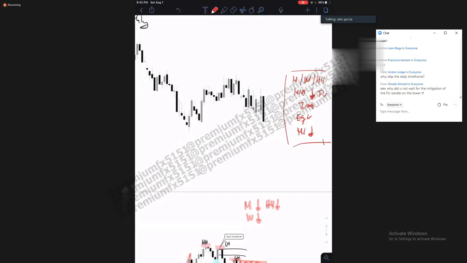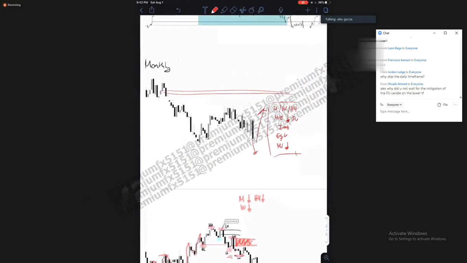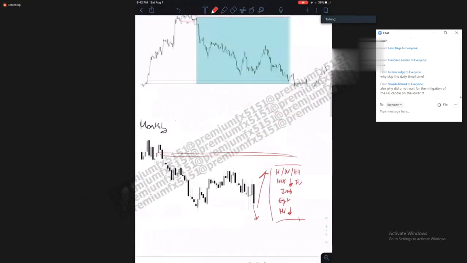After that, this ended up taking these lows after the run. Now we came to that level right there that I'm going to explain too. Let me show you the next setup. You had a monthly point of interest, which is this one right there.